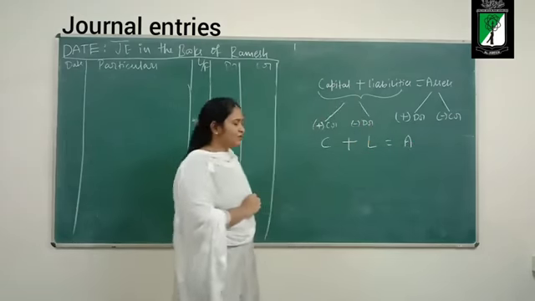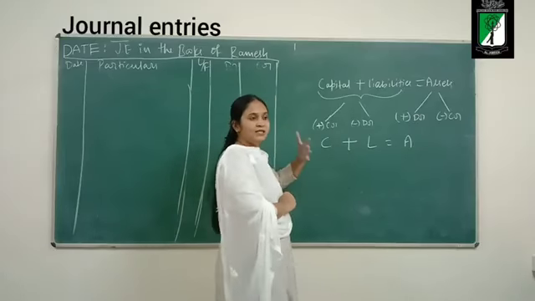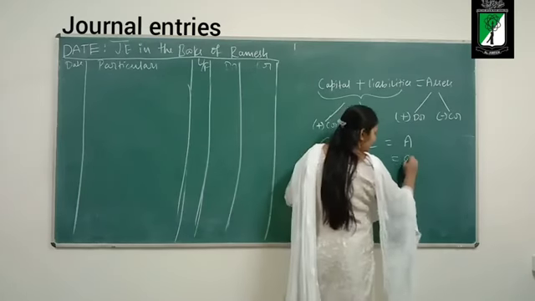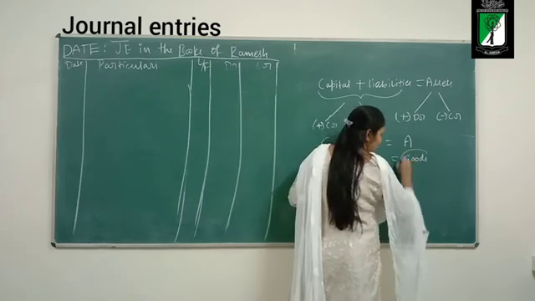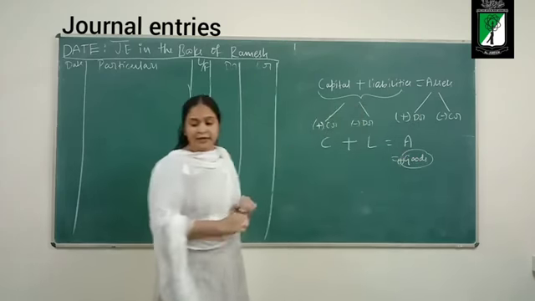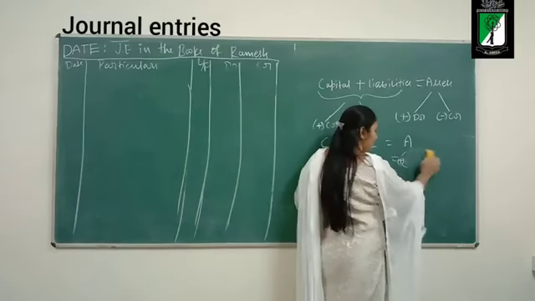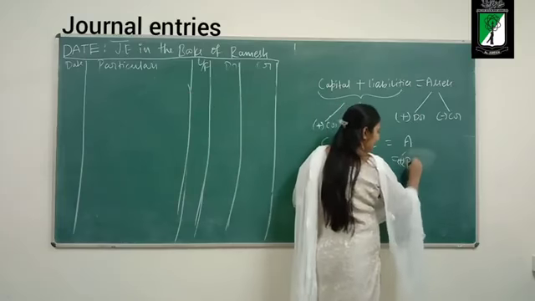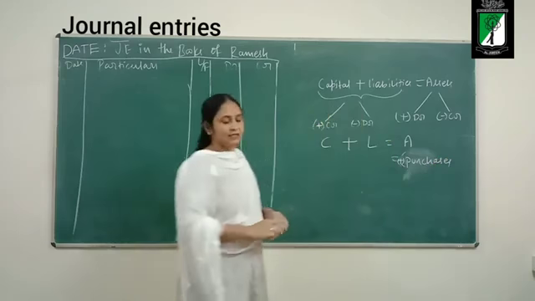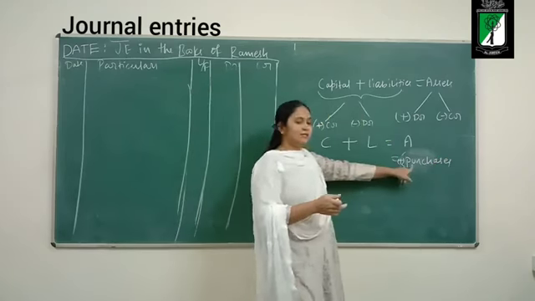What is happening? My goods balance is increasing. I cannot write goods here; I should write the reason. What is the reason? Purchases. So I will write it here as Purchases. Purchase of goods is increasing.